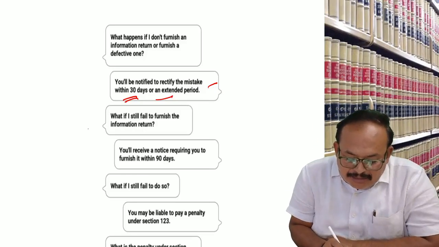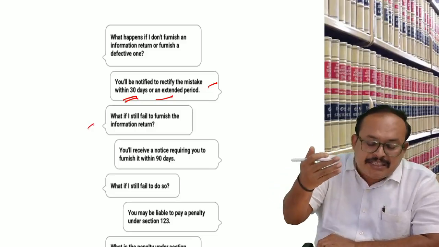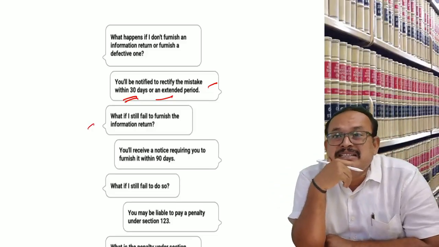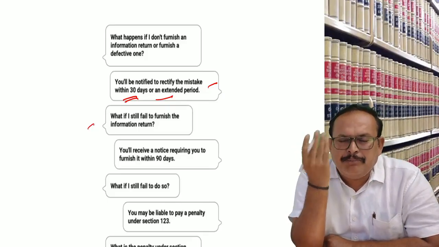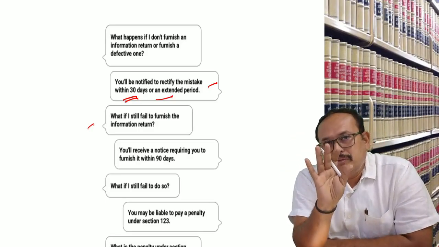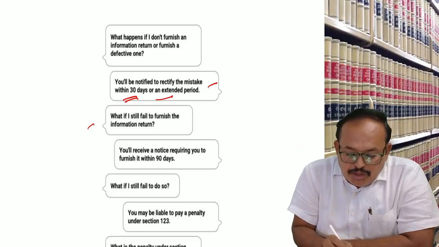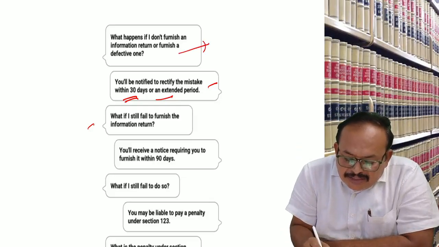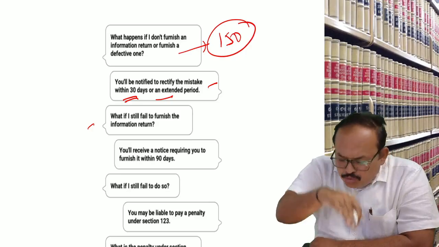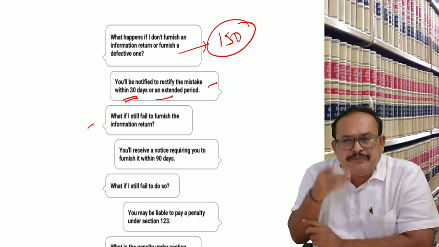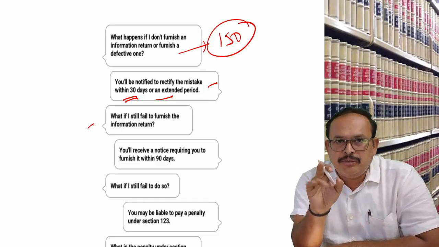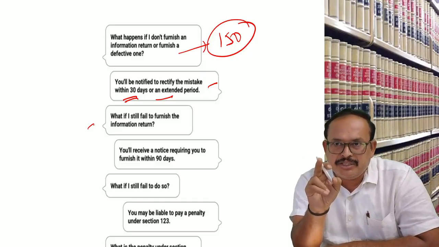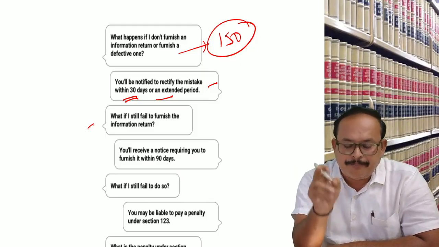What happens if I still fail to furnish the information within that 30 days, I mean within the time period permitted? Here the system says, under 150, you submit the information report when called for. If not submitted or defective, then reminding you within 30 days, please give the correct information.